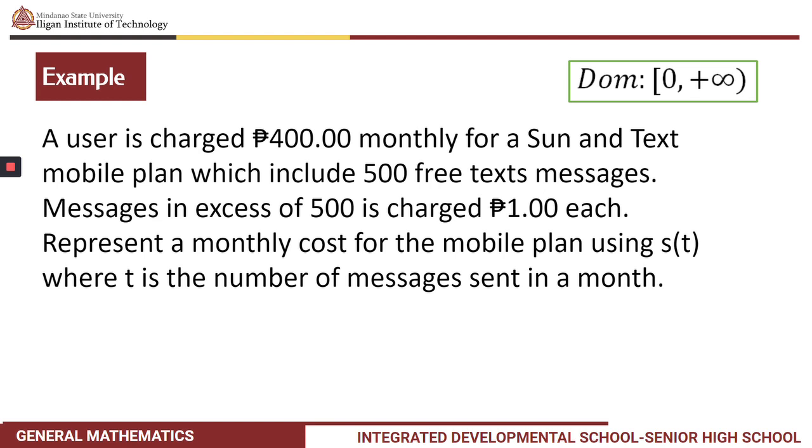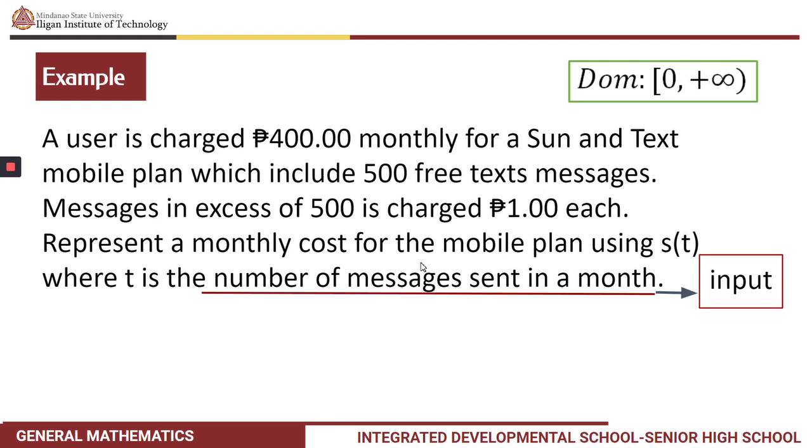Represent the monthly cost for the mobile plan using S of t, where t is the number of messages sent in a month. Ayan. Klaro naman kung ano yung domain, no? Kung ano yung ating independent variable. Our independent variable is the number of messages you sent in a month. And our output or the range is what? The monthly cost for the mobile plan.